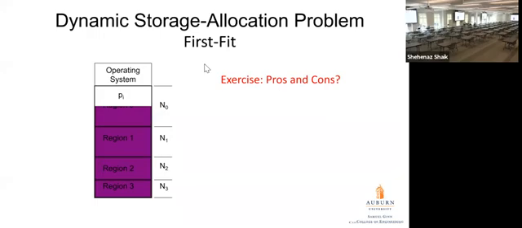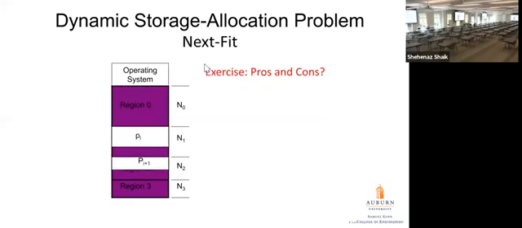Okay, so one tweak to the first fit approach is, instead of starting the search always from one end of the memory, we keep track of at what point in memory the previous allocation has been made, and start the search from that point, and go around in a round robin manner.